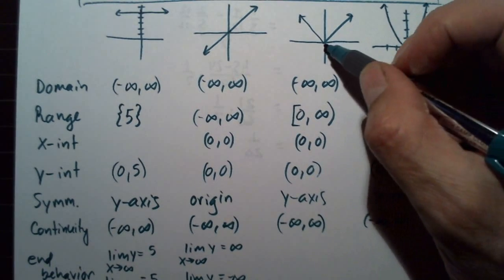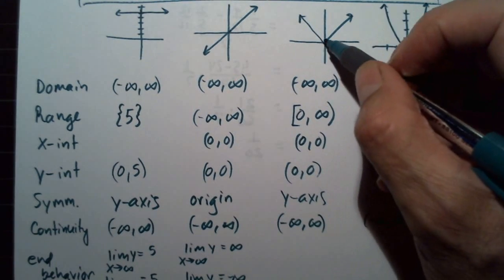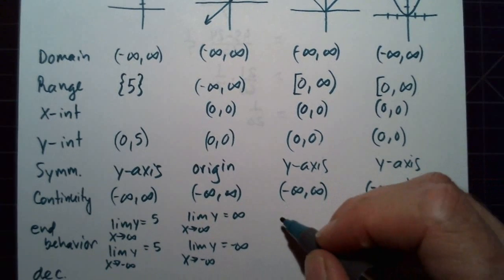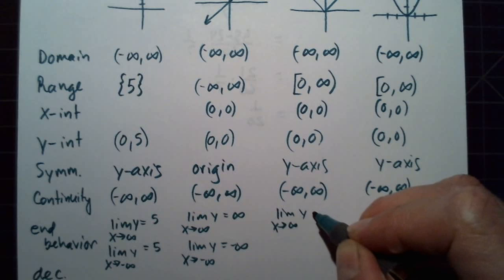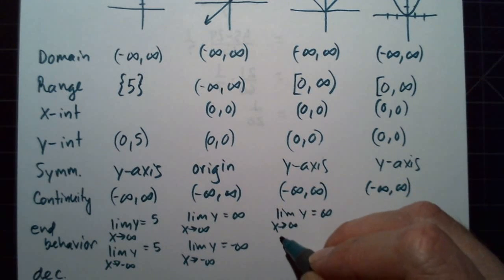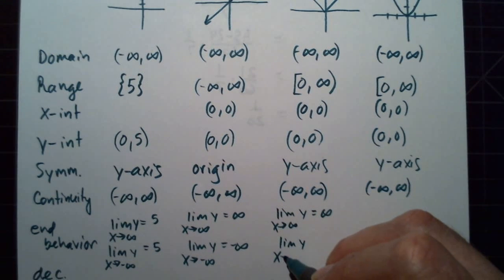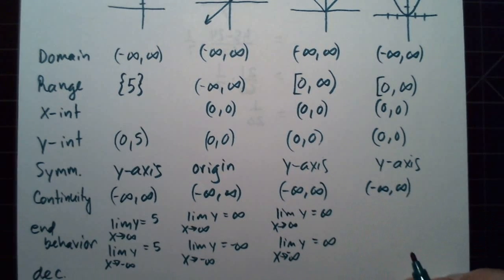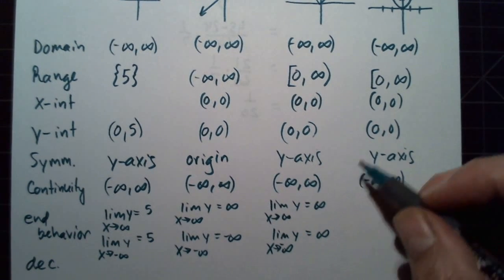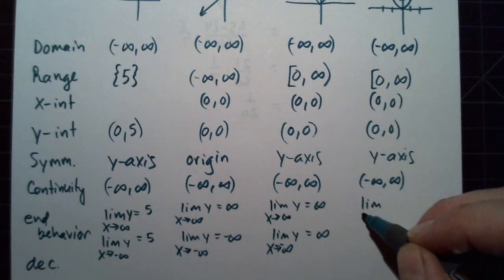So on the next one, going to the right, positive infinity, going to the left, positive infinity. So the limit as x goes to infinity is positive infinity, and the limit as x goes to negative infinity is positive infinity. And that'll be the same for the parabola.